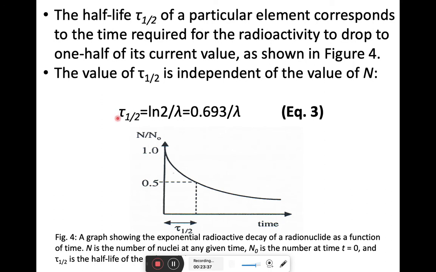We have the formula to calculate it, which is ln 2 divided by lambda. This is the formula used in the first exercise just now. You need to rearrange because lambda is not given, but we have the half-life value.